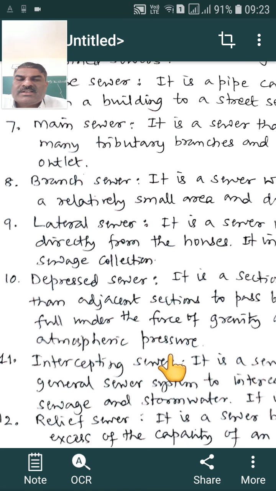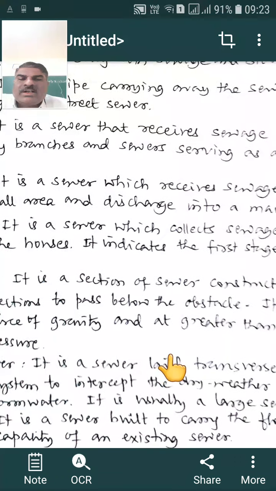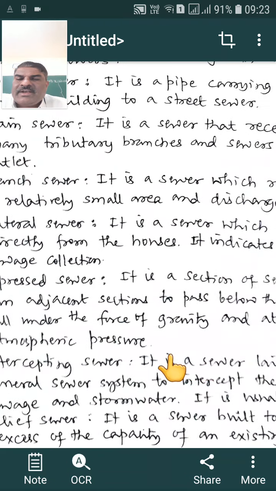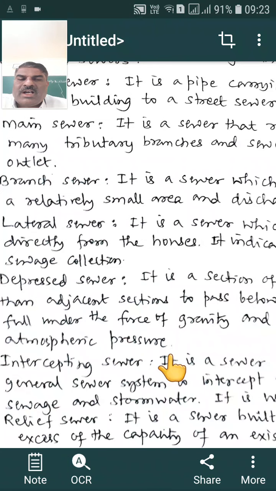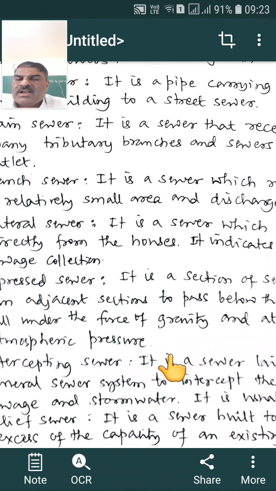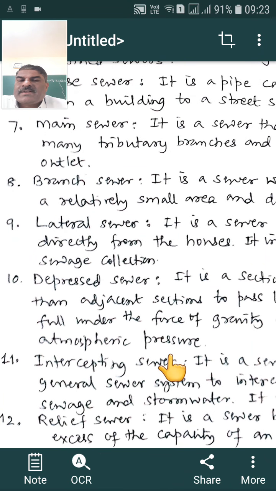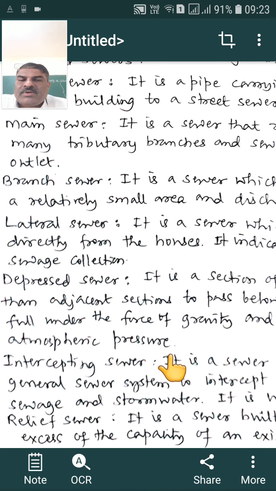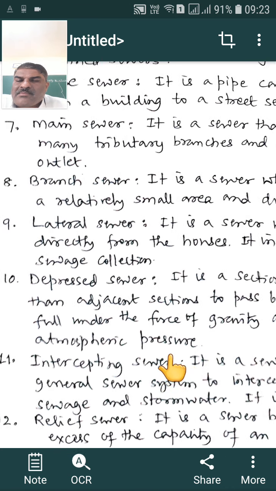Then coming to lateral sewer, it is a sewer which collects sewage directly from the houses. It indicates the first stage of sewage collection. Whatever sewer is collected from the house will be referred to as a lateral sewer, and it is also the main source of sewage collection.